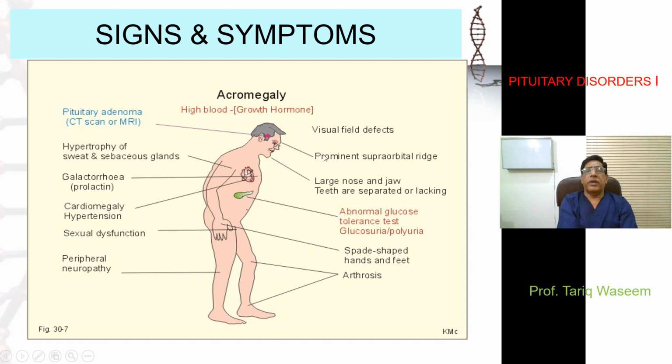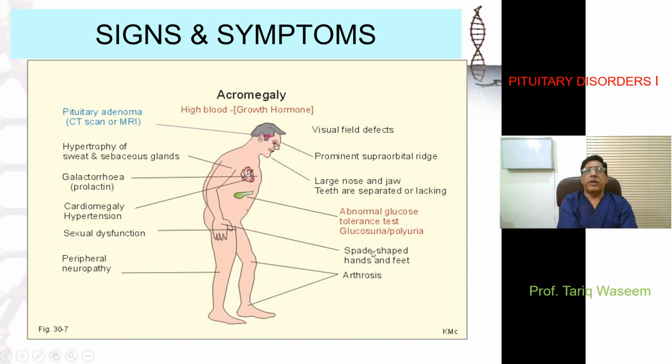There is hypertrophy of the skull tissues, which leads on to prominent supraorbital ridges. There is large protrusion of the jaw, which is called prognathism. The nose and jaw also get hypertrophied. There is an increased anti-insulin effect, for which the patient may develop hyperglycemia and maybe frank diabetes.